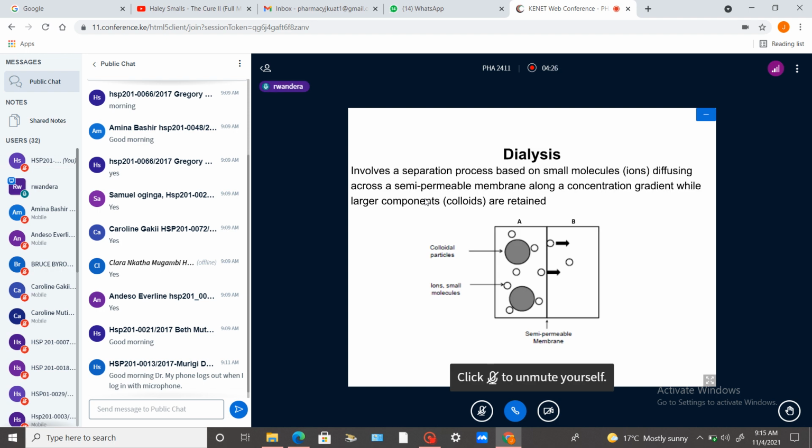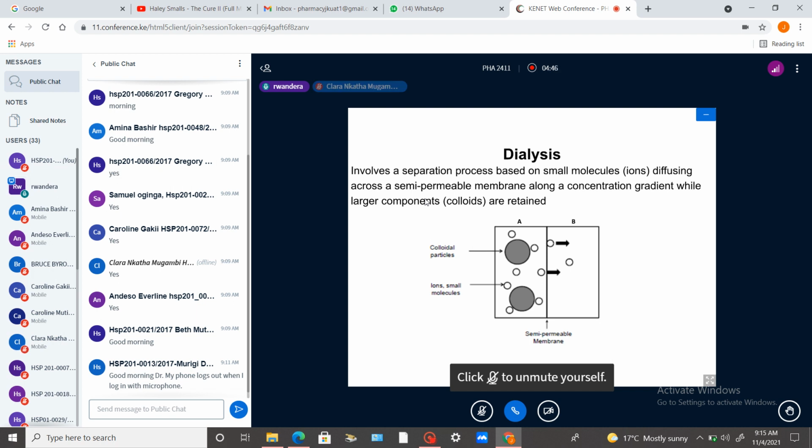So dialysis, I believe this term is not new to you. You've come across it, and it normally involves a separation process based on size of molecules. Remember, we said colloidal dispersions do not dialyze through membranes.